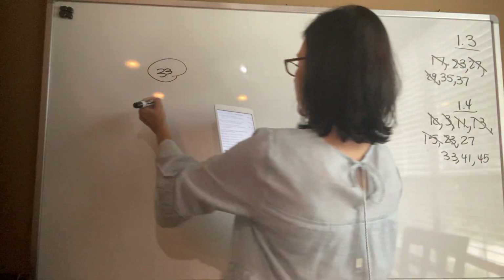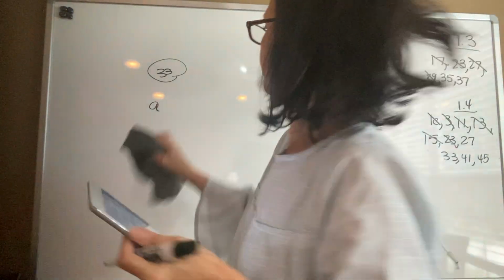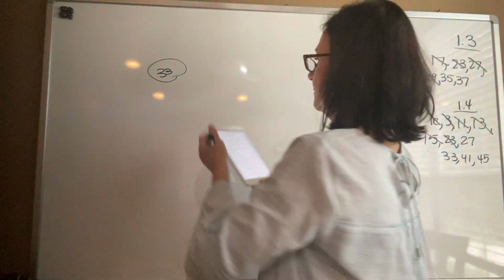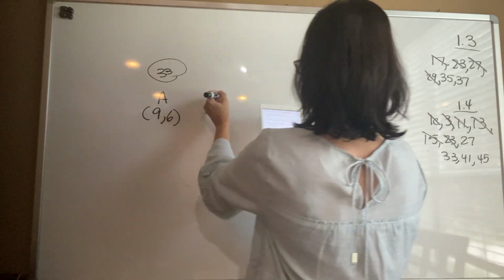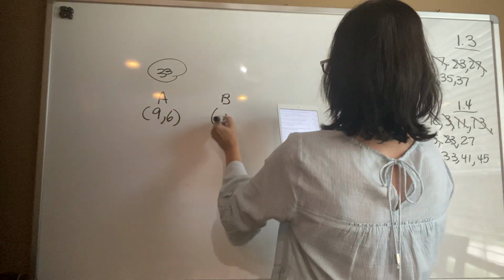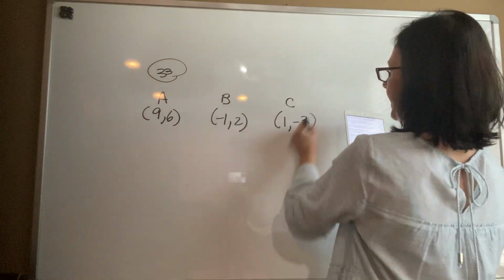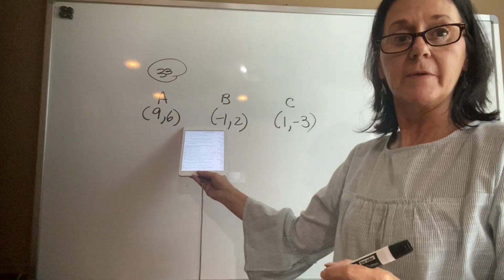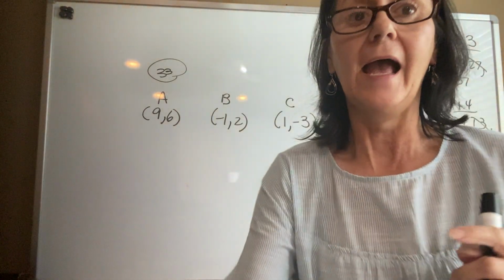All right, so we'll label them. Let's say A is 9, 6, B is -1, 2, C is 1, -3. So either AB has to be perpendicular, BC has to be perpendicular, or AC has to be perpendicular.